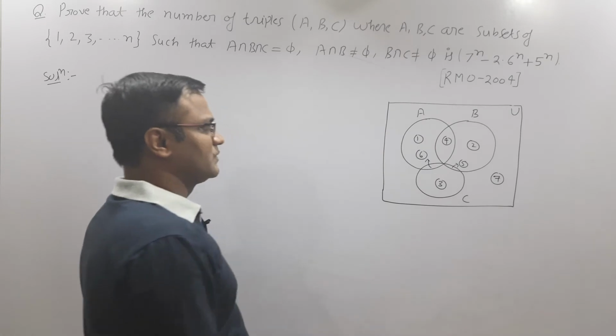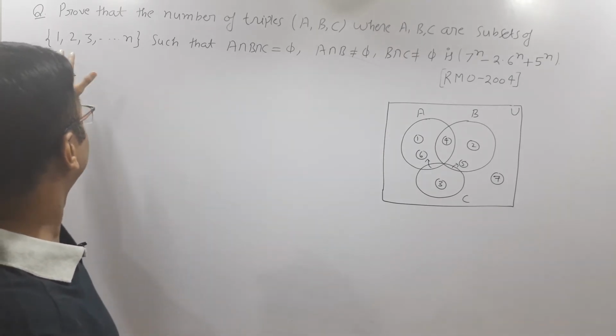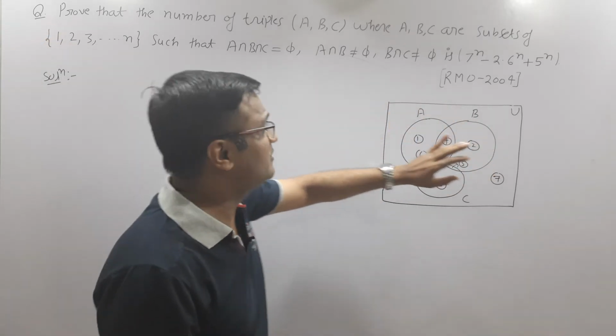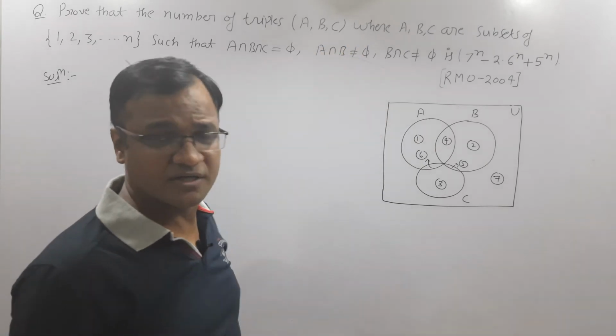So there are overall 7 regions. Now you can put each element in any one of the regions, and you have to make triples A, B, C such that all 3 constraints are satisfied.